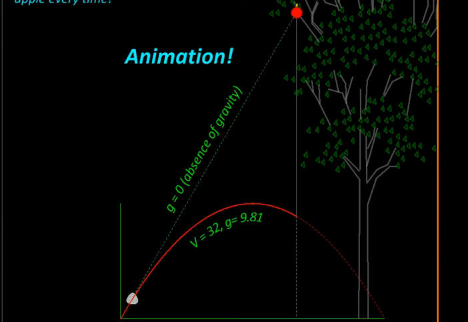Now, introducing gravity, which acts equally on all bodies, would alter both the trajectories but through the same downward distance, and therefore they will still intersect at the same point of time and the stone will hit the apple, irrespective of its velocity and irrespective of the value of gravitational acceleration.